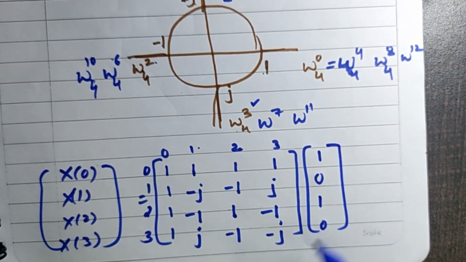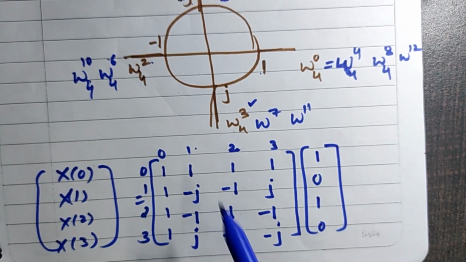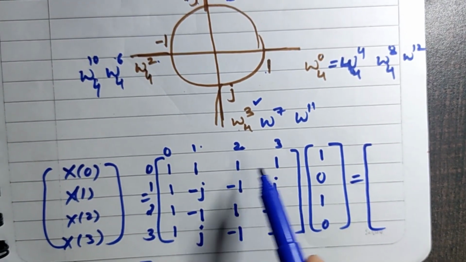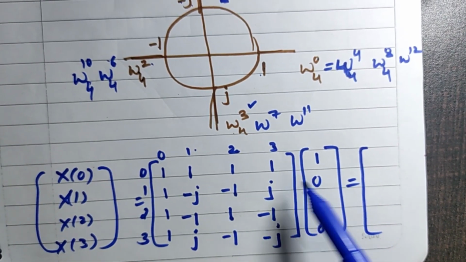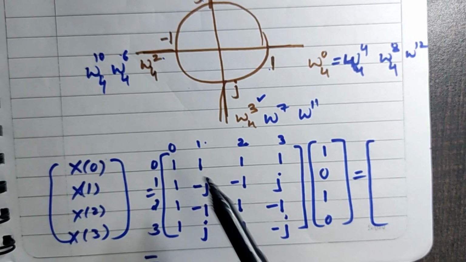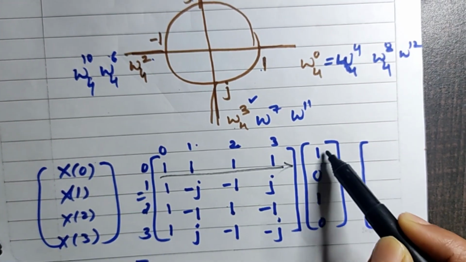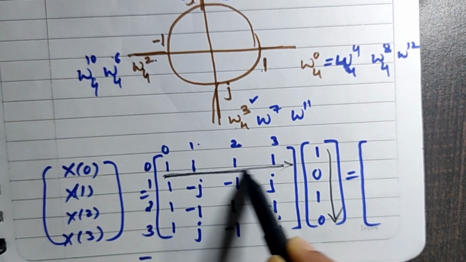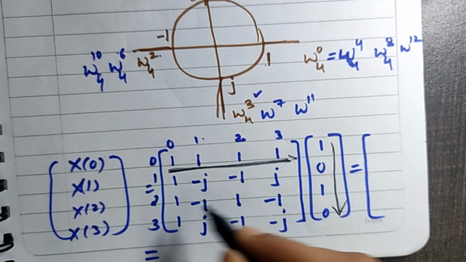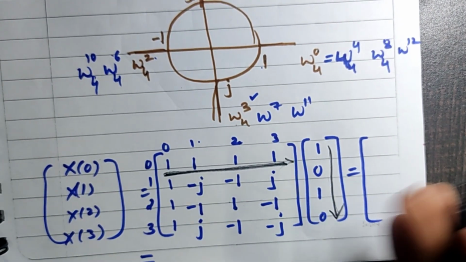It is very simple to multiply. I hope we are very much familiar with this. You can write here 1, 0, 1, 0. If you observe how we multiply this row into column, I'll write only the first one here, and further we will do it quickly.